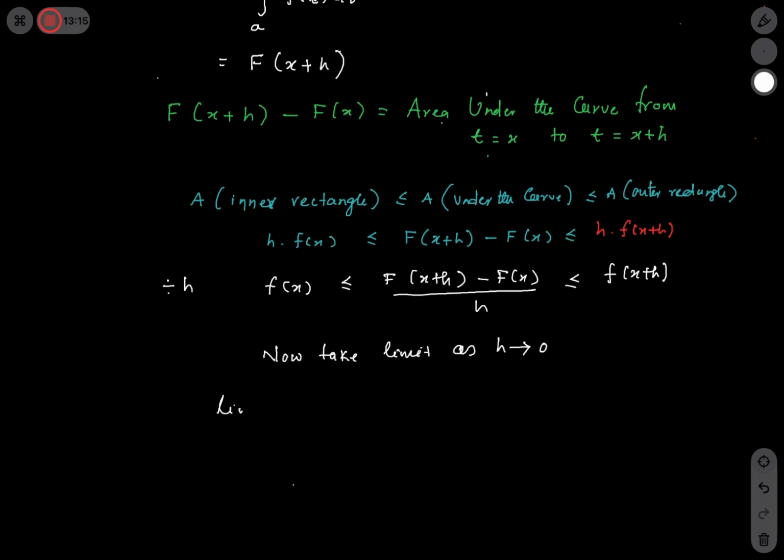So limit h tends to 0 of f(x) is less than or equal to limit h tends to 0 of (F(x plus h) minus F(x)) upon h, less than or equal to limit h tends to 0 of f(x plus h).